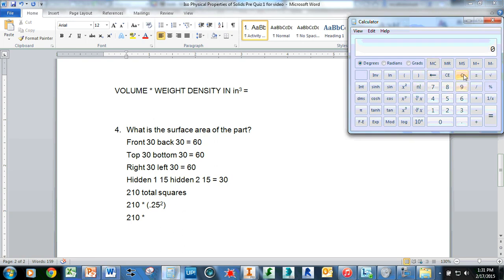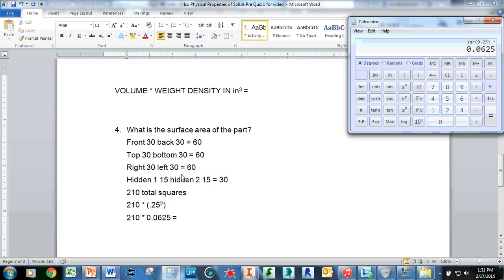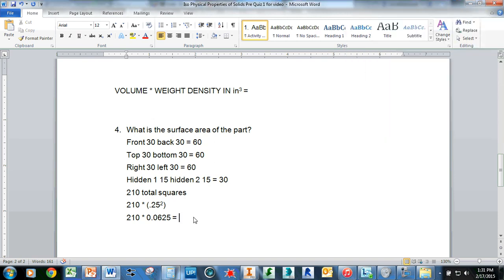I can come back up here to my calculator, 0.25, and I'm going to square the number right here, and that's 0.0625. Coming back up to our calculator, multiplying that times 210, we come out to 13.125 square inches. 13.125 square inches. So there's our answer to that problem.